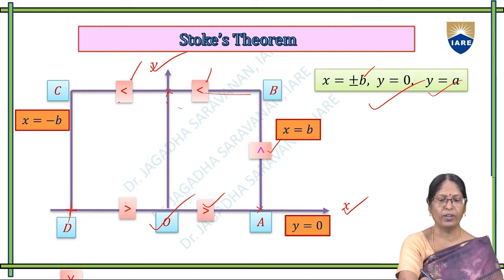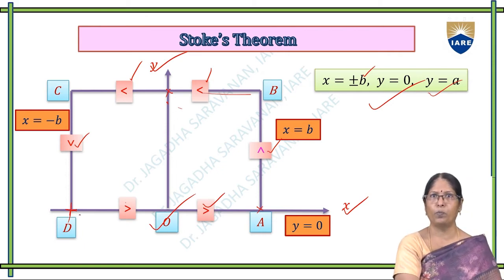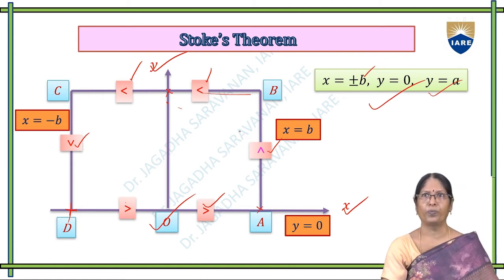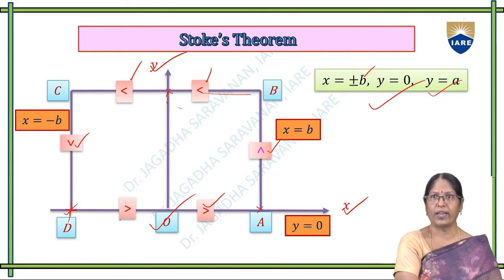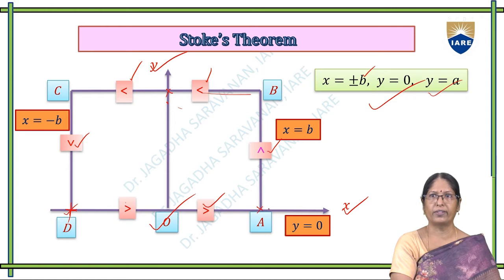That is the starting point. It coincides with the ending point, the terminating point. It is a closed curve. Minus B lies on the x-axis, B lies on the x-axis.